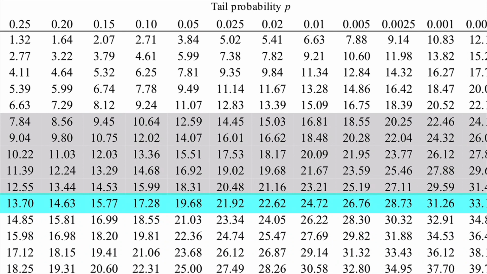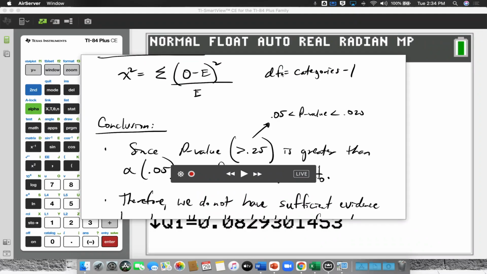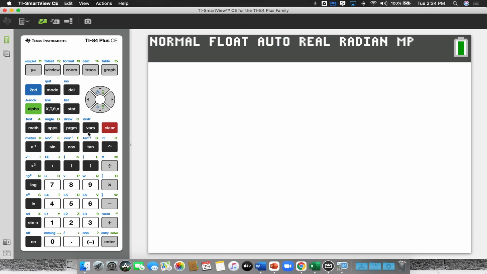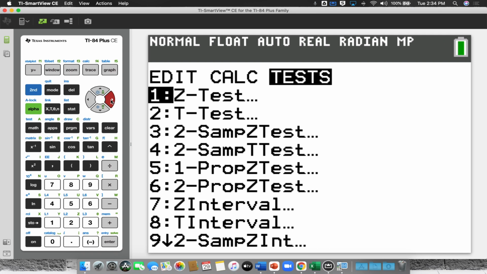Okay? The second way is using your calculator. You got everything in L1 and L2, so you're good there. Go to tests, the list of tests and intervals that we usually have. Go all the way to the bottom.